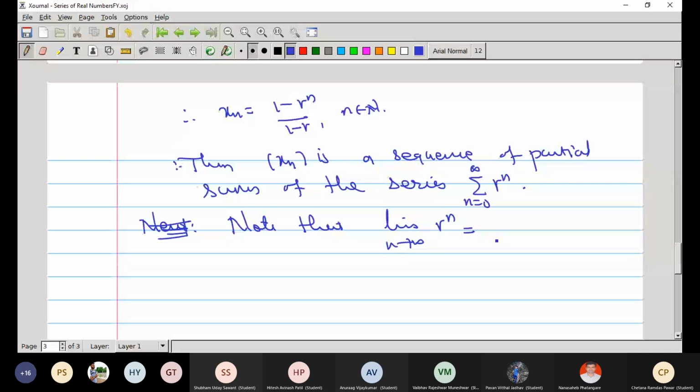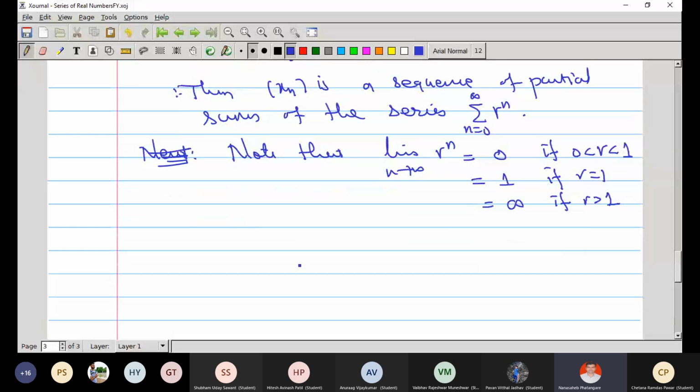It is infinity if r is greater than 1, and 0 if r lies between 0 and 1, and 1 if r is equal to 1. Very good. So it depends on r.